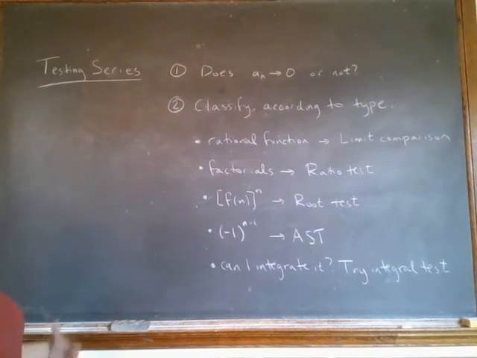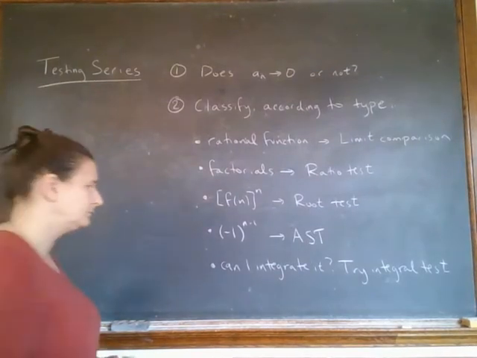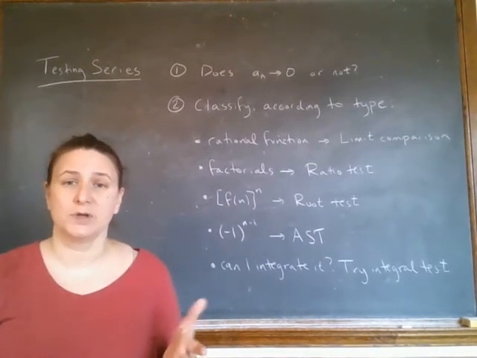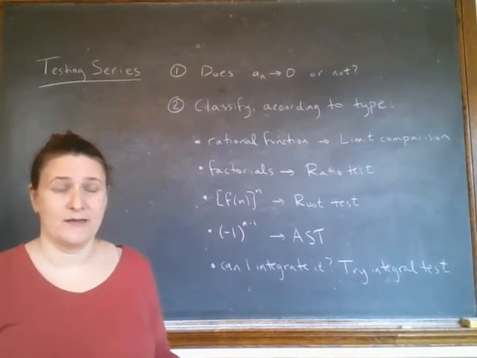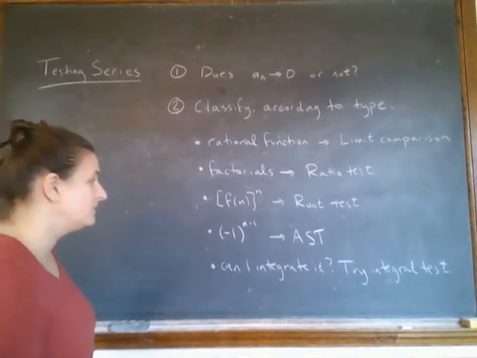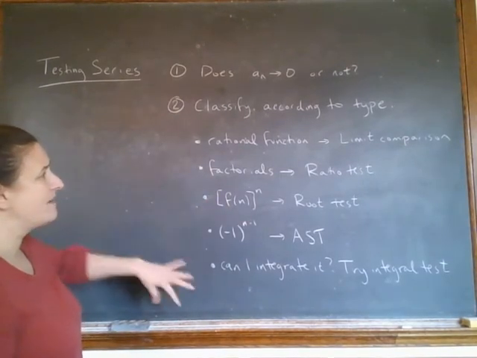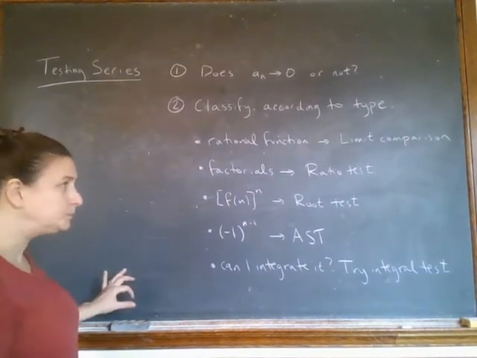Now I might have to think about it if it's something different. I might have to think about looking at, for example, if it has like a sine of n or something like that. Remember we saw those. Take the absolute values, absolute convergence, that kind of thing. All right, but for the most part, most of what we have fits into here.